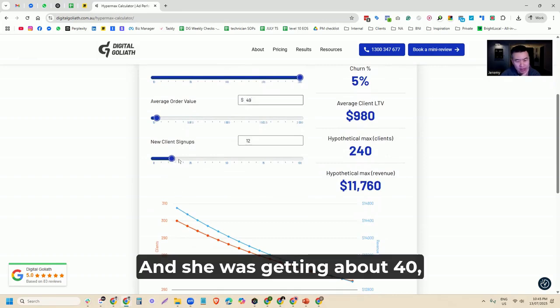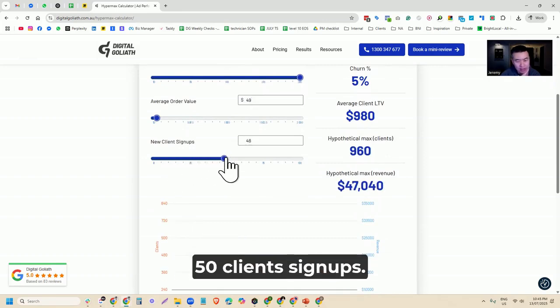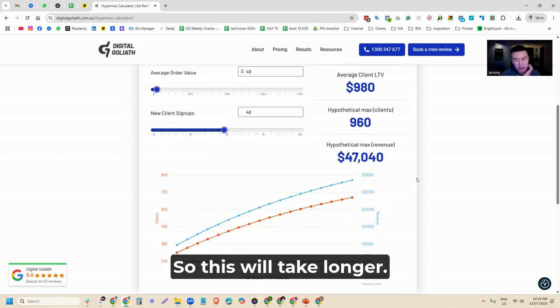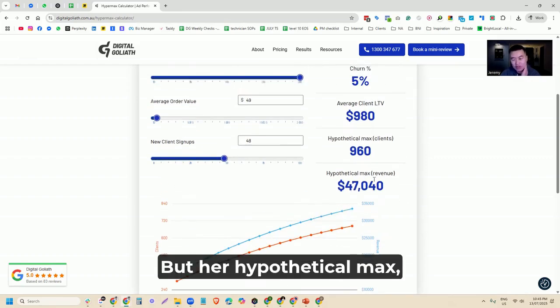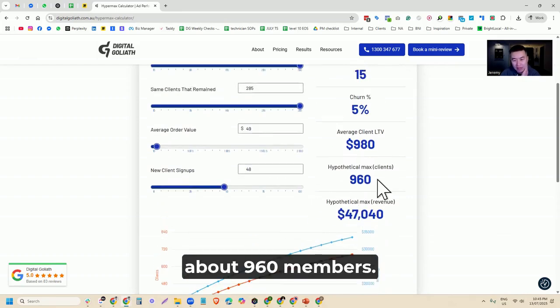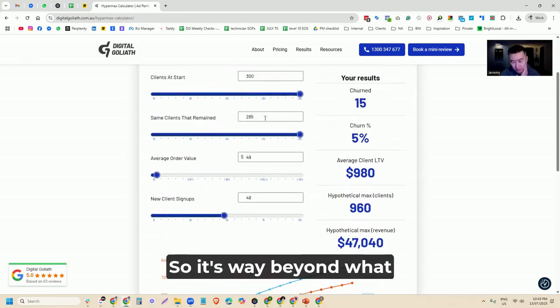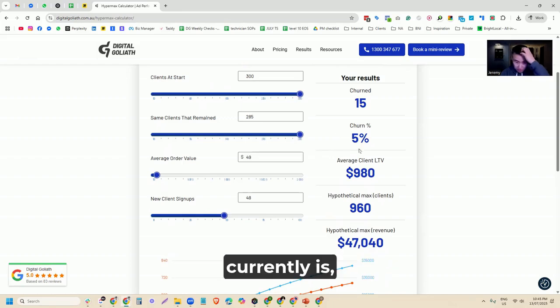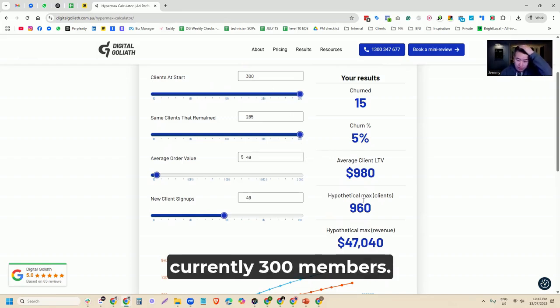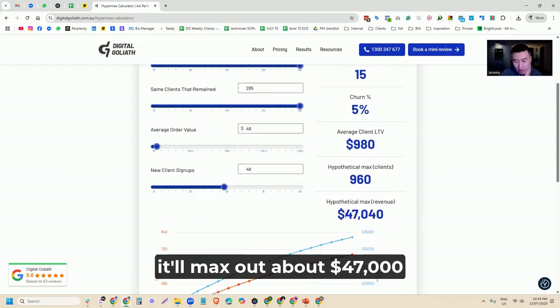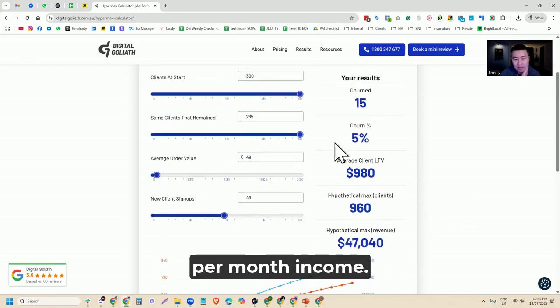And she was getting about 50 client signups. So this will take longer, but her hypothetical max, she'll max out at about 960 members. So it's way beyond what it currently is. Currently it's 300 members, and it'll max out at about $47,000 per month in income, right?